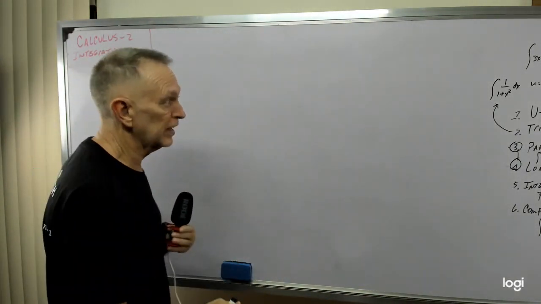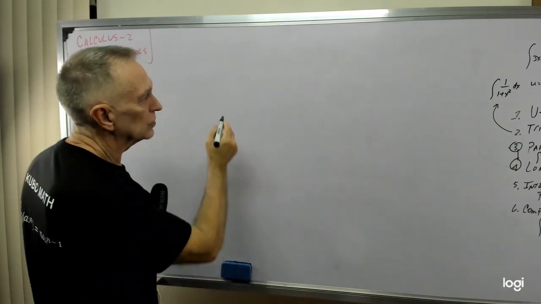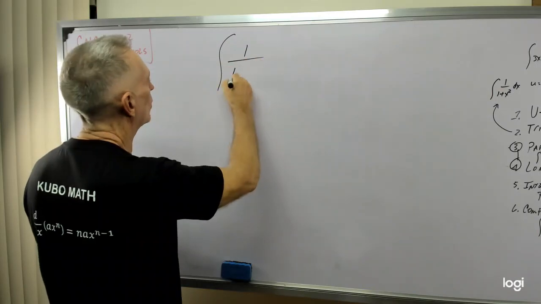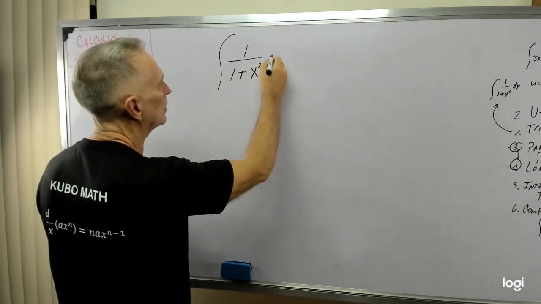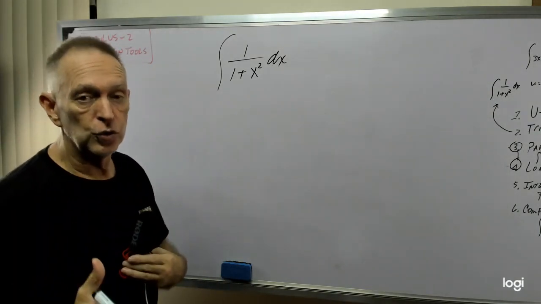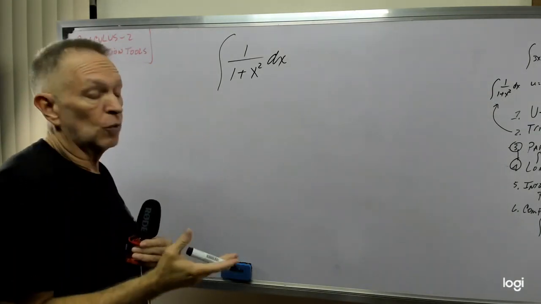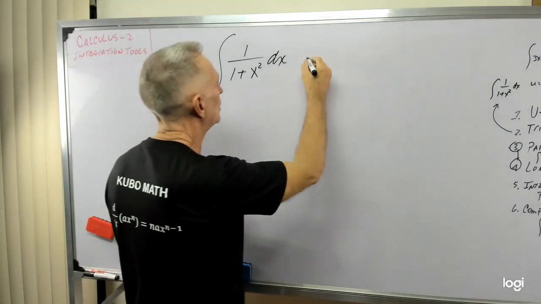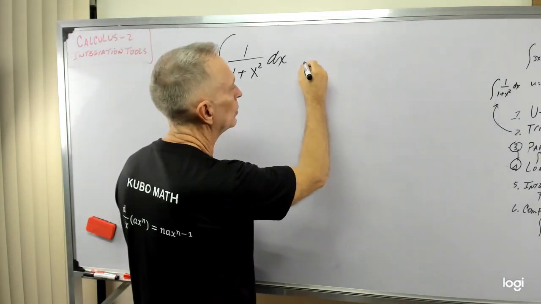All right, let's go on to one more. And this is trig substitution. So we have the integral of 1 over 1 plus x squared dx. Now we just used u as a substitute, so why don't we just guess u again and see what happens?